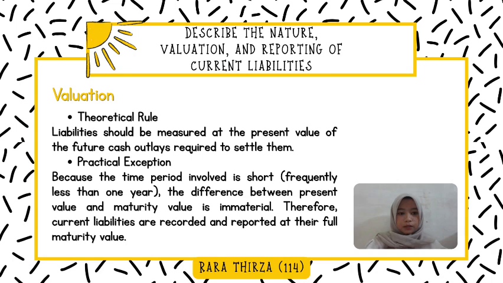The second way is a practical exception, because the time period involved is short, frequently less than 1 year. So the difference between present value and maturity value is immaterial. Therefore, current liabilities are recorded and reported at their full maturity value.